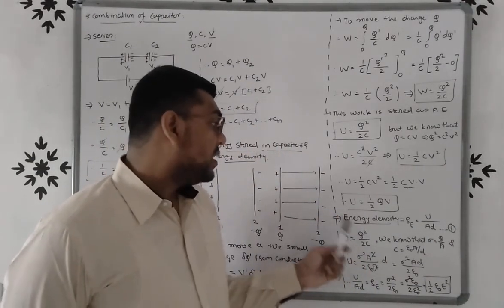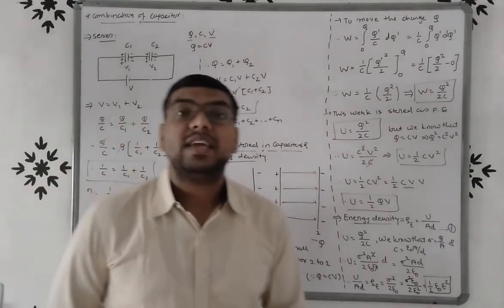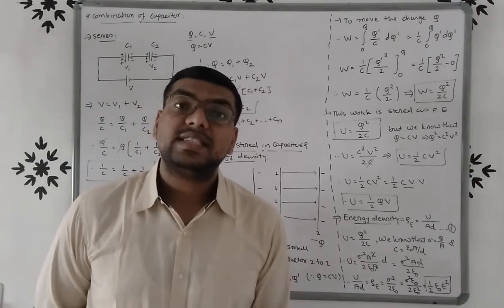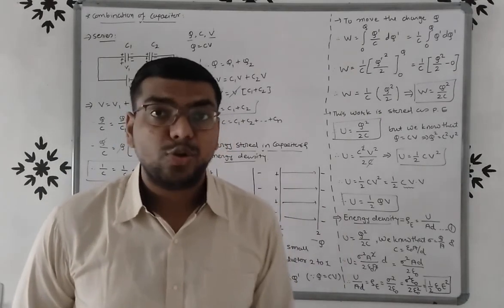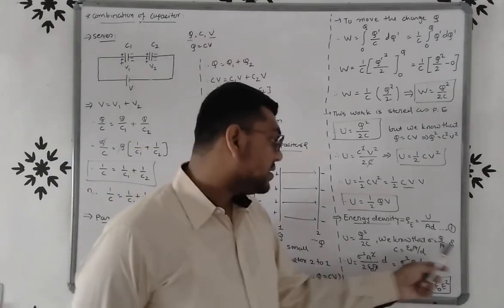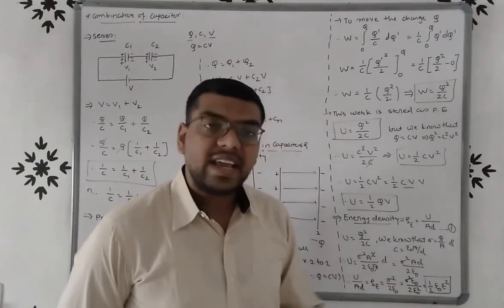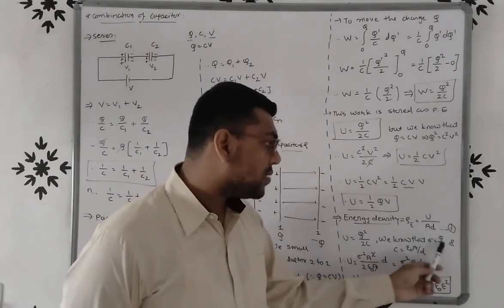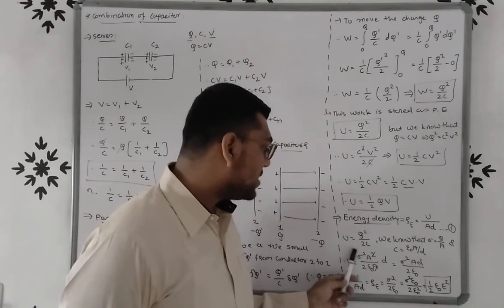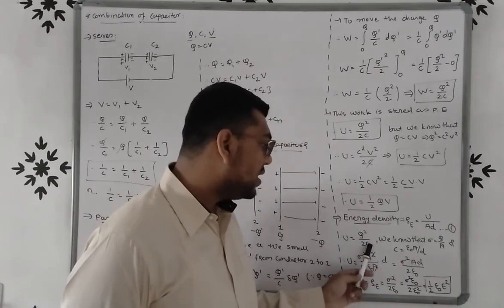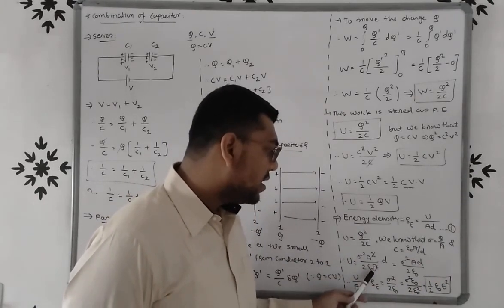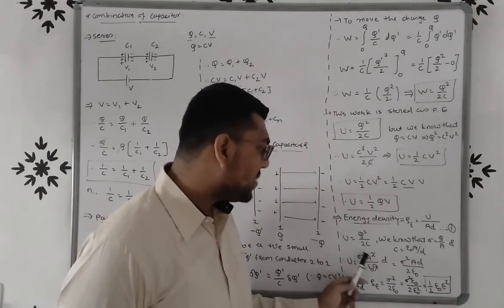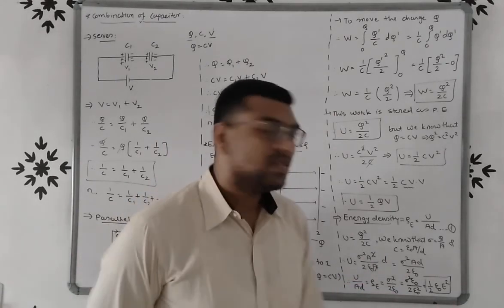This conductor has an area A and surface charge density sigma, so sigma is equal to Q by A, and capacitance C is epsilon 0 A by D. Instead of Q square, we write Q is equal to sigma into A, so Q square is sigma square A square upon 2 times epsilon 0 A by D, right? Here A cancels, so U is equal to sigma square AD upon 2 epsilon 0.